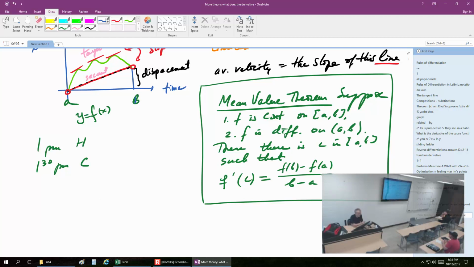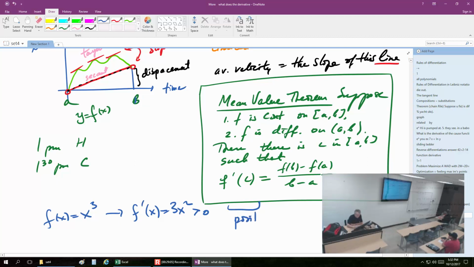Just look at the equation that we have. Say my function is x cubed. Then f prime of x is 3x squared. What's so special about that? It's positive.